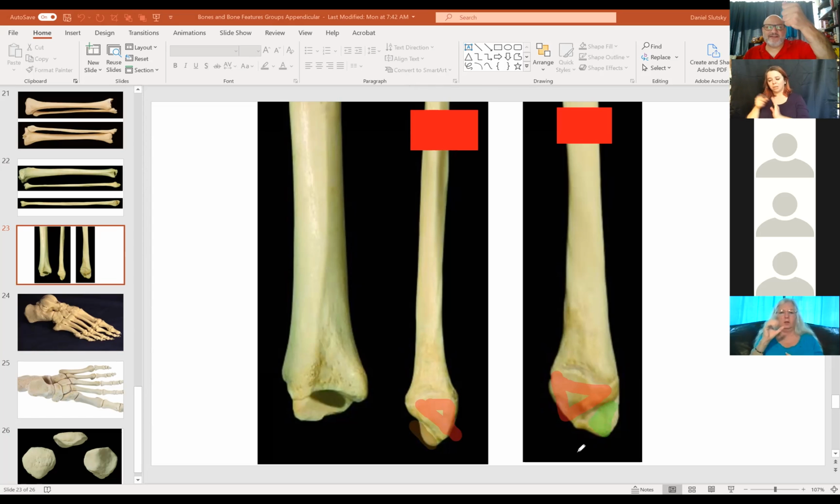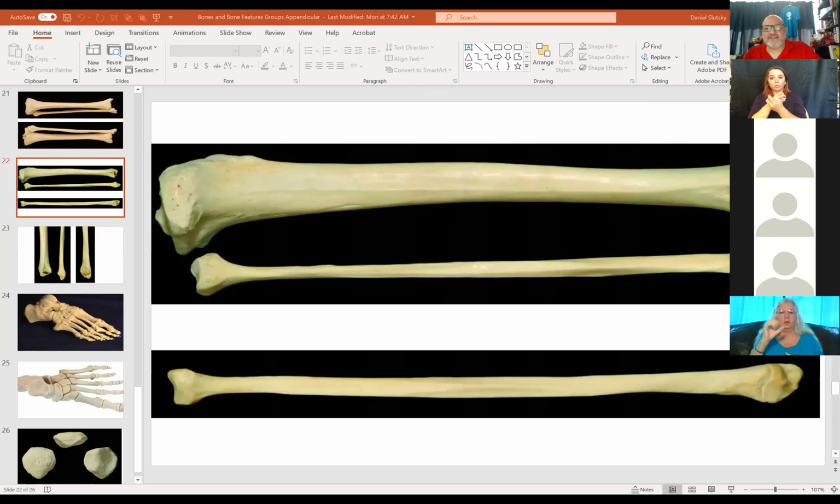So notice when we stand it up, it's easy. It's a little trickier if I have to fit the whole bone onto the field of view. But like we said, at this point, you just have to tilt your head. So if you tilt your head to the side, you can see that this notch is on this side.